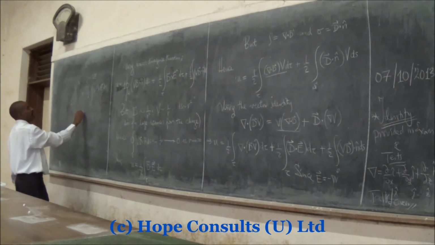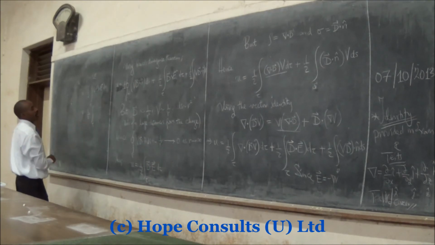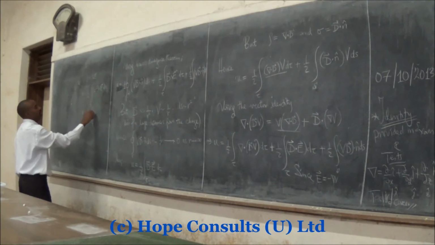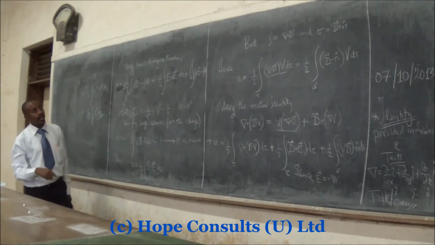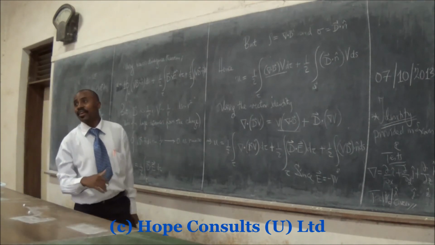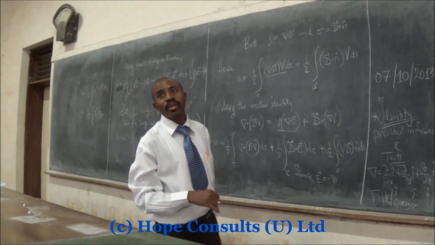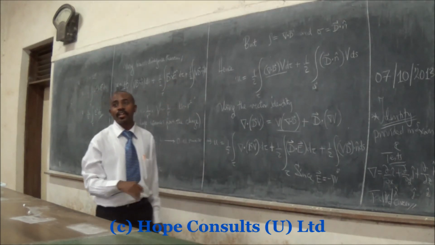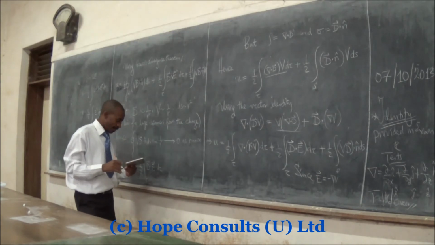If you put our epsilon outside, you get integral over tau of E dot E, and we got this a while ago when we were trying to come up with the energy required.